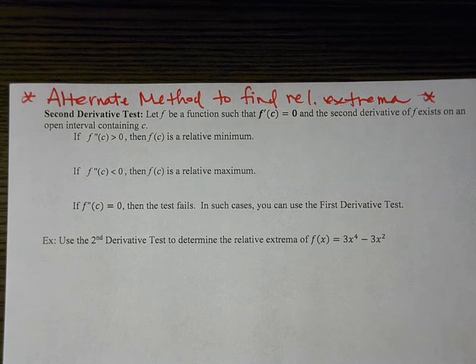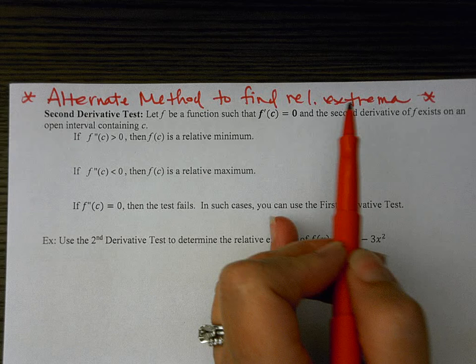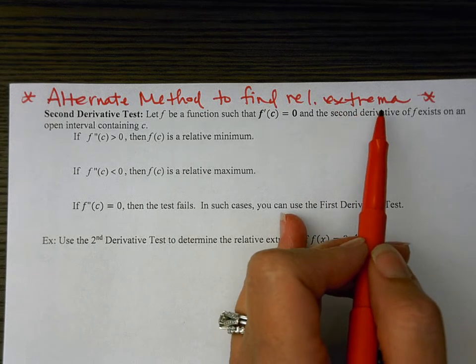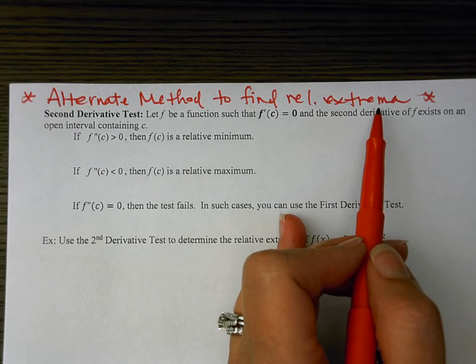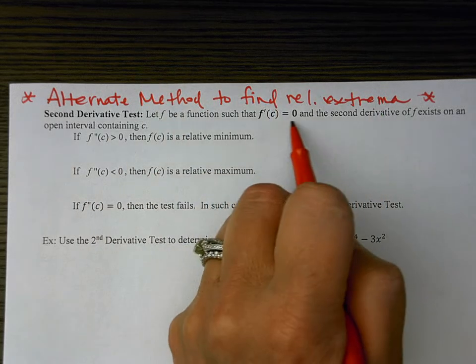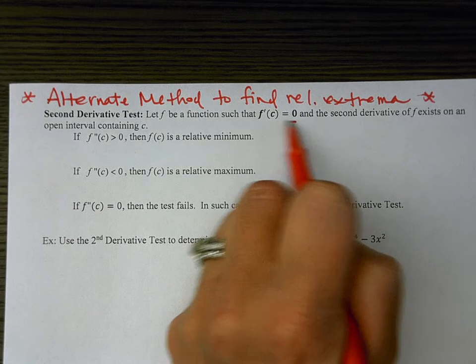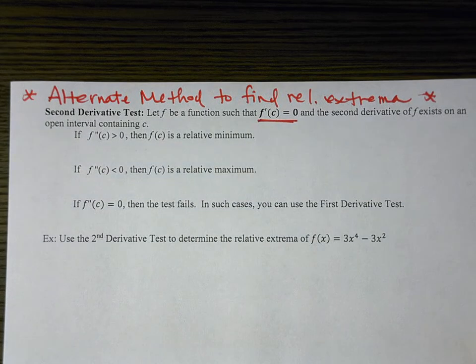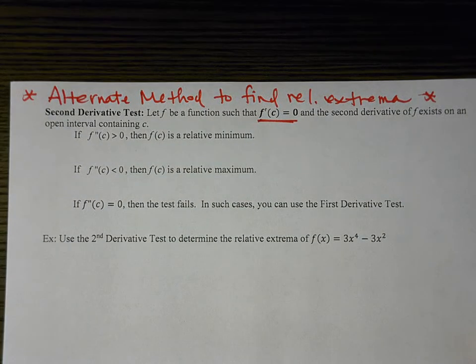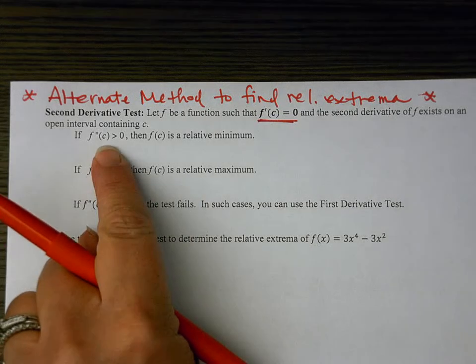Okay. So you know that a relative extrema occurs when the slopes of your tangent lines are 0 or undefined. Specifically, though, we're going to be working with only where you have that horizontal tangent, so your slopes are equal to 0. That means your f prime is equal to 0. And then what you're figuring out is, is that horizontal tangent sitting on a section that is concave up or concave down, right?